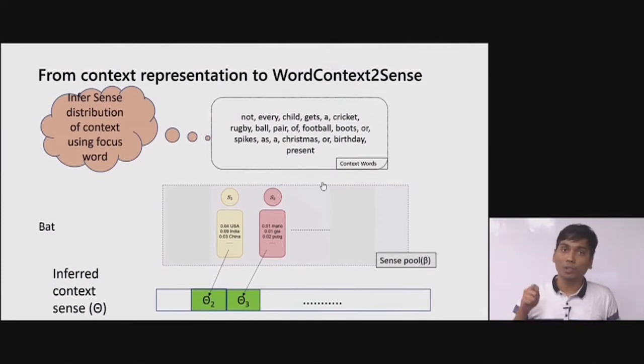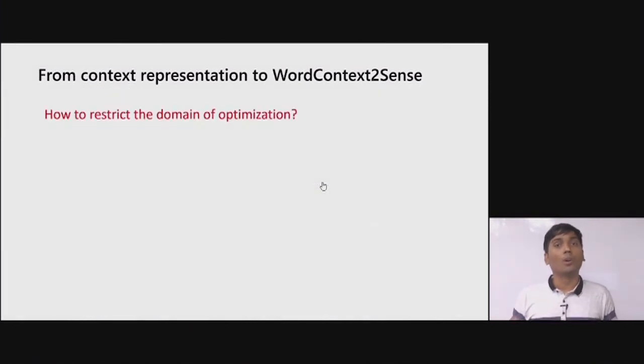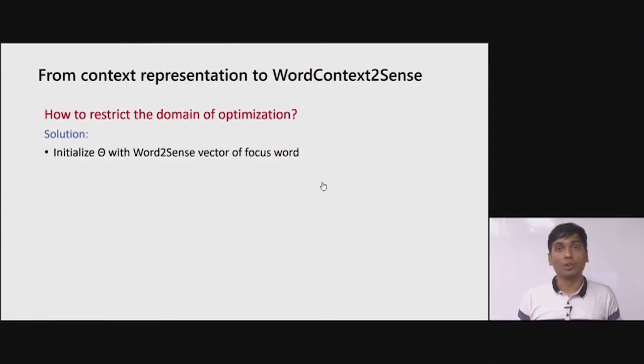I will restrict my focus only to theta 2 and theta 3, and the others should be 0. Right? So, is it even possible? Turns out it's possible because, if you recall, the Word2Sense embedding only contains non-zeros in the relevant senses. So my word bat will only contain non-zeros in the second and third dimensions, and in the others it will be all zeros.